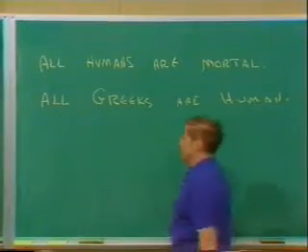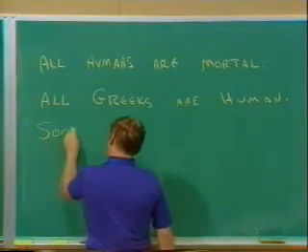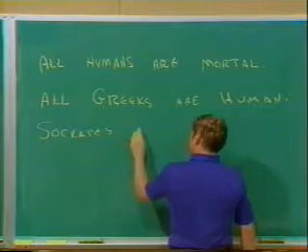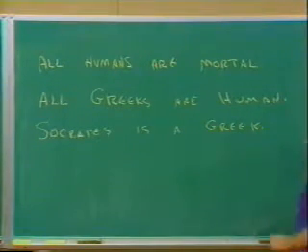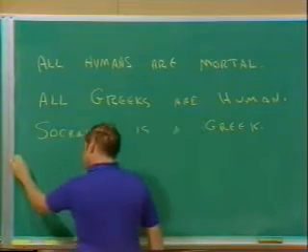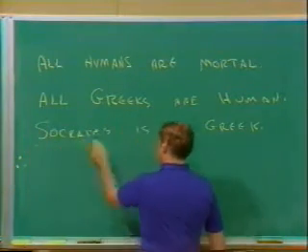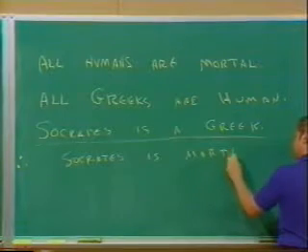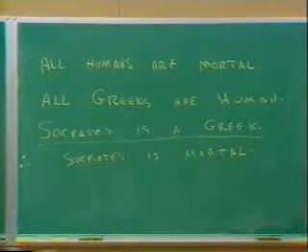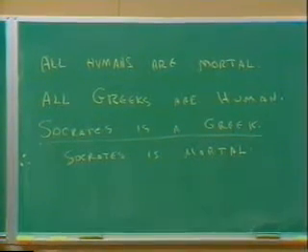And how does the syllogism go? Socrates is a Greek. And then what do you write here? I think three dots in classical logic. Therefore, Socrates is mortal. Okay, so there's some real honest classical logic.